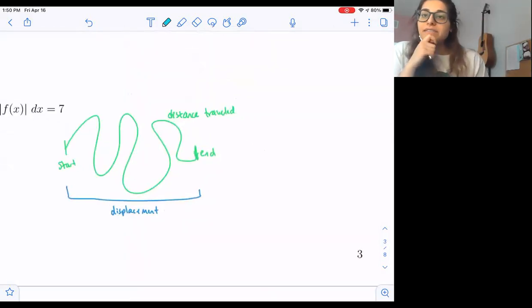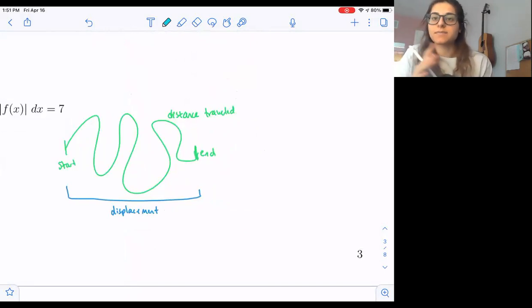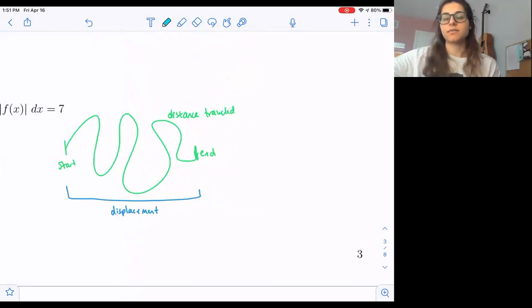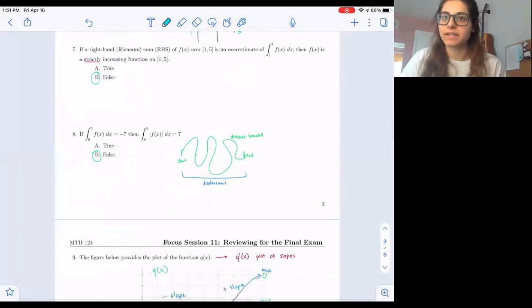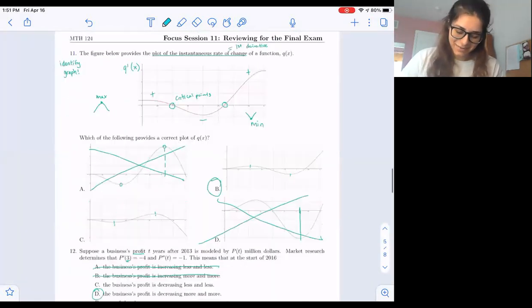Right, distance traveled is different. In this case, our distance traveled is equal to our displacement because she was going along a straight road. But if it was like a curvy road, our displacement would be different. So in this case, we can also say that it's the distance she traveled. But if you want to be perfectly precise, it is the displacement. Think of the integral over the interval as the displacement.